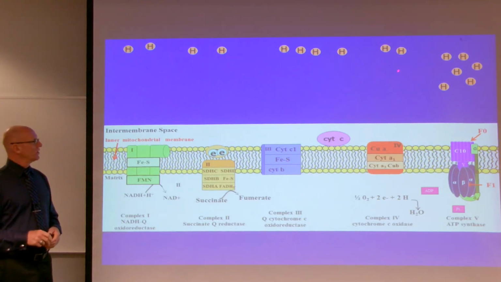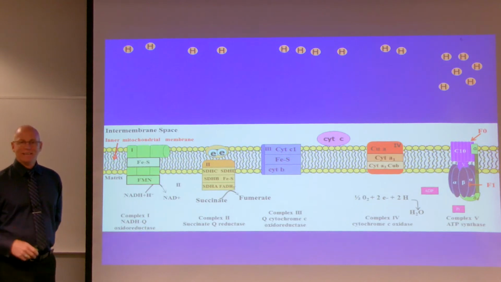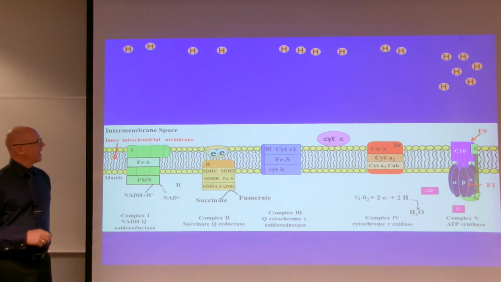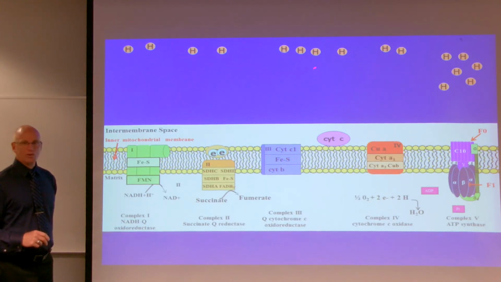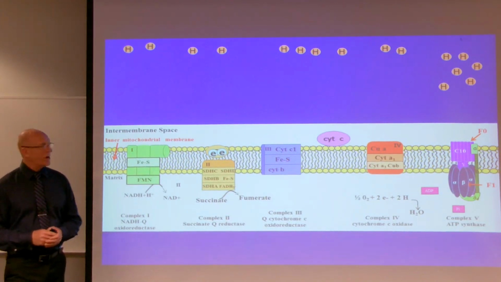So that potential energy, as we transfer these electrons through and pump these hydrogen ions across, is the chemiosmotic theory. Now we have an energy potential up here where we can transfer these electrons through the ATP synthase to promote an adenosine triphosphate.